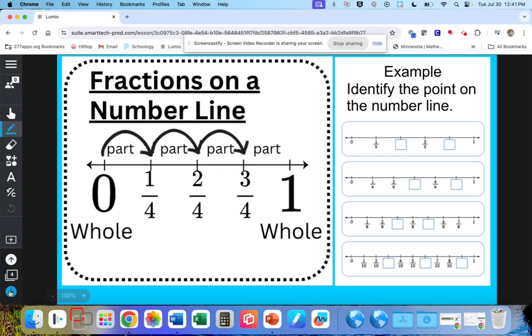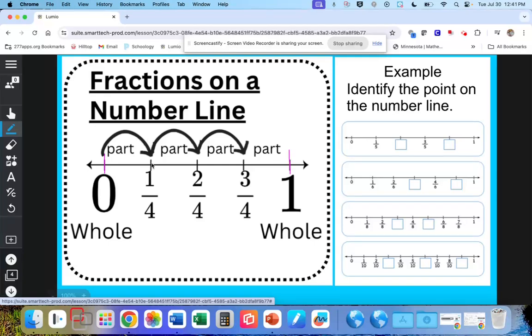The next part we're going to tackle is fractions on a number line. Notice you usually will have really big lines where the whole numbers are, and the whole numbers are written big. And then you might have it broken into parts.